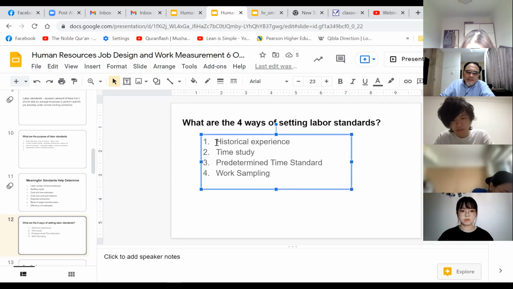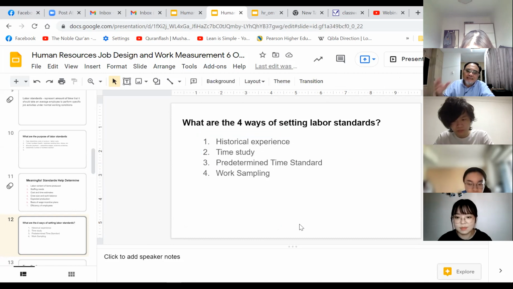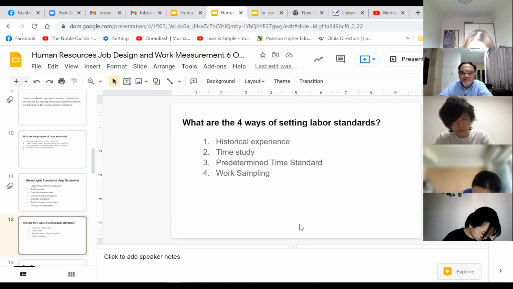If you look at the definition, if you look at the word itself, for example, number 1, historical experience. What does it mean when you say historical experience? Fangi, what is historical experience?